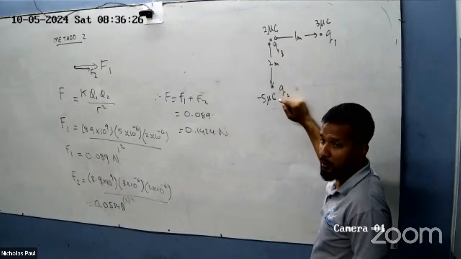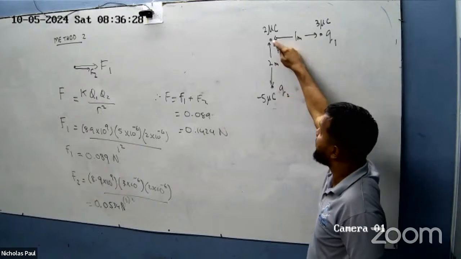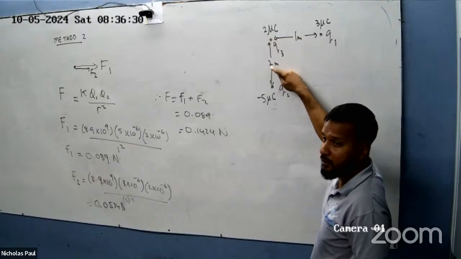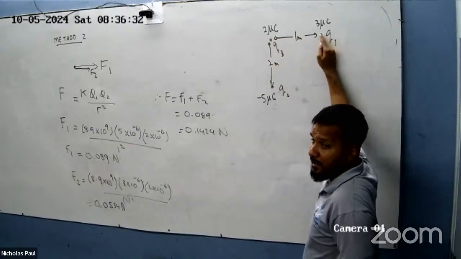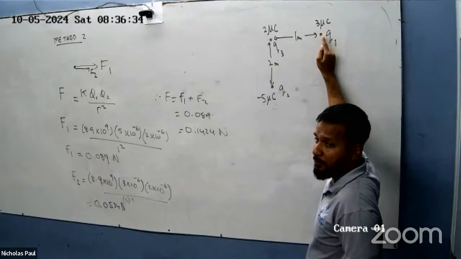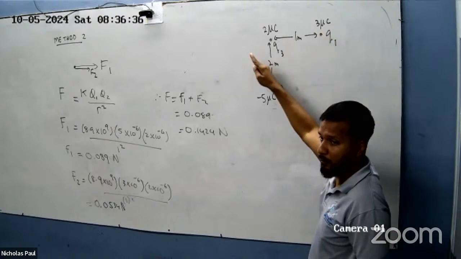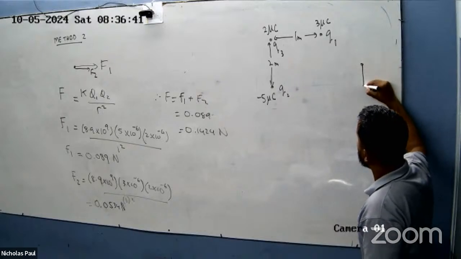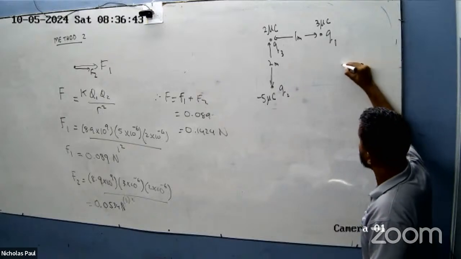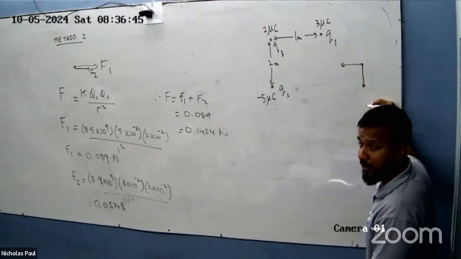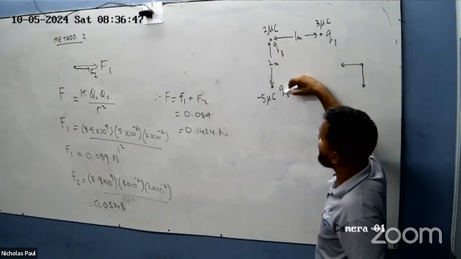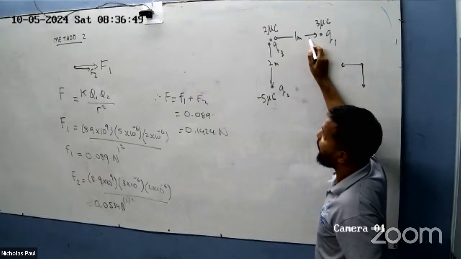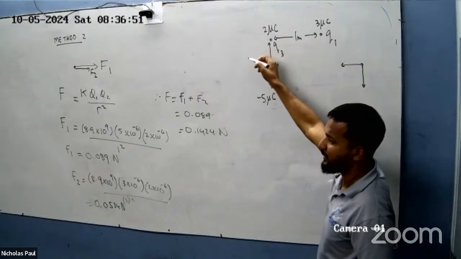Why? So this will be pulled downwards, and there's a positive charge to push it away. So you'll end up with something like this. The force exerted by Q2 pulling it down, the force exerted by Q1 pushing it to the left.